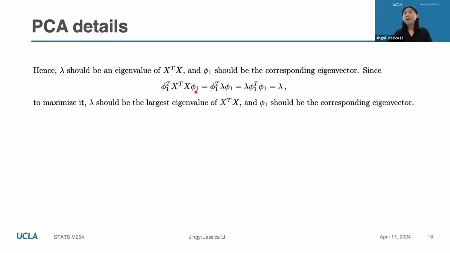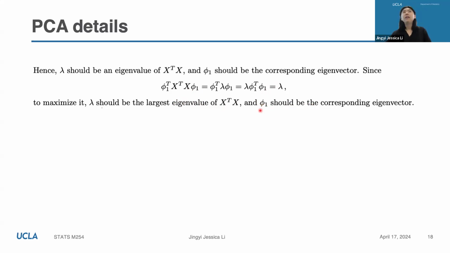But if some columns are perfectly correlated, or if you have fewer rows than columns, more variables and fewer observations, then you will not have full column rank. So there's an interpretation for the number of non-zero eigenvalues. But here we are looking for the largest eigenvalue, that's the lambda, and the corresponding eigenvector is phi1.